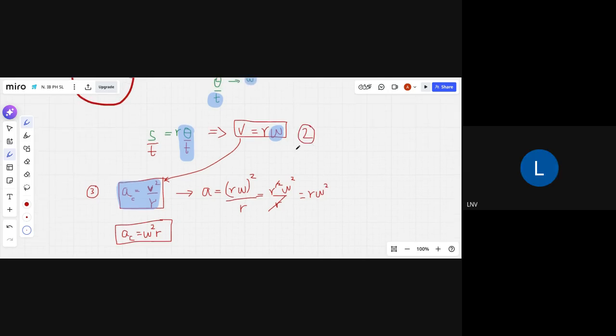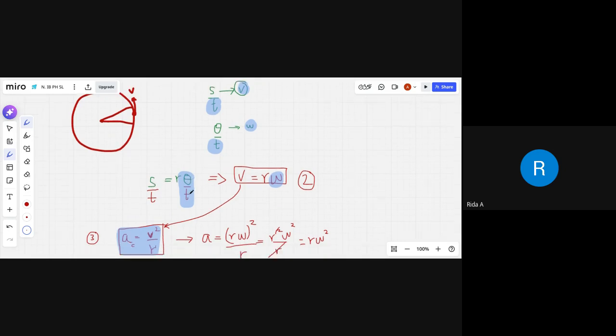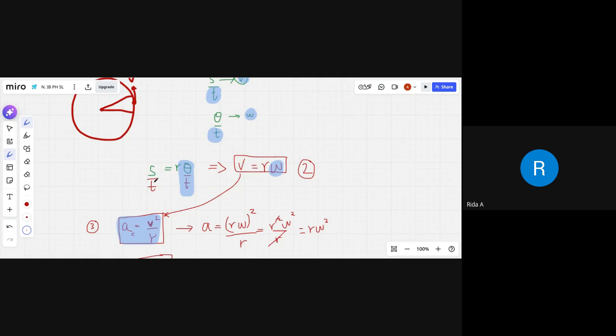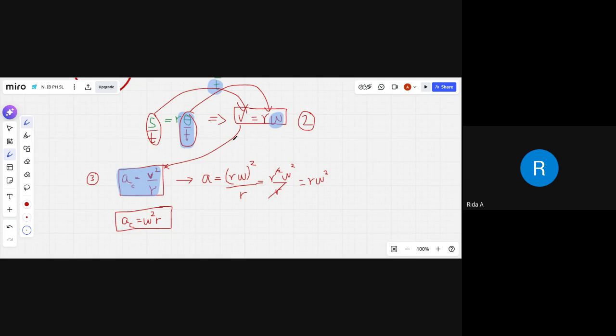Quick recap: you had S equals R theta. You divided S by time, and you divided theta by time. So you get V for this one, and then R stays the same, and theta by T is omega. Is that better now? Yeah, that's better.